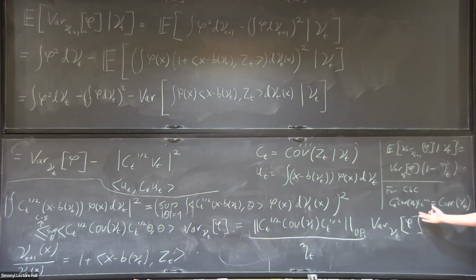So yeah, this is basically a way to get rid of the dependence on phi. I consider this process, I start from mu, I say something about the process, and this gives me something about every test function.